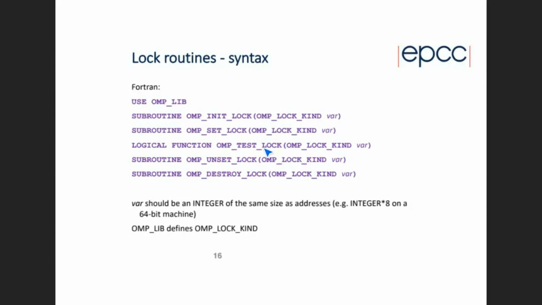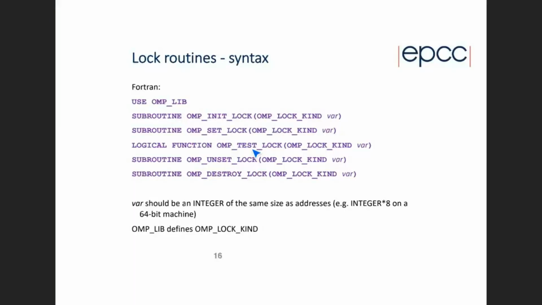The weird one, and why I'm even bothering to mention non-blocking sets, is that the naming is weird here. There's a function called omp_test_lock, which confusingly is the non-blocking setter. Test lock does not do what you expect.